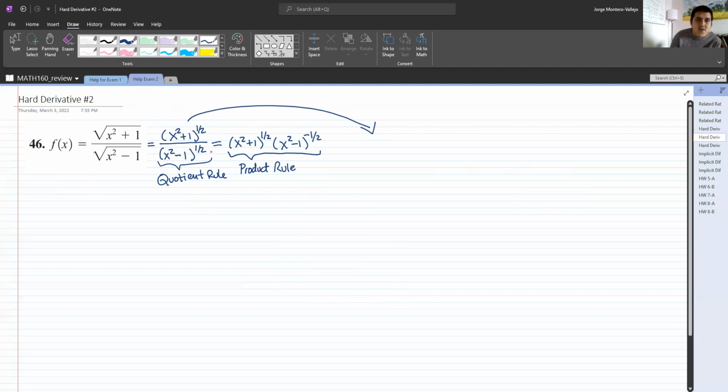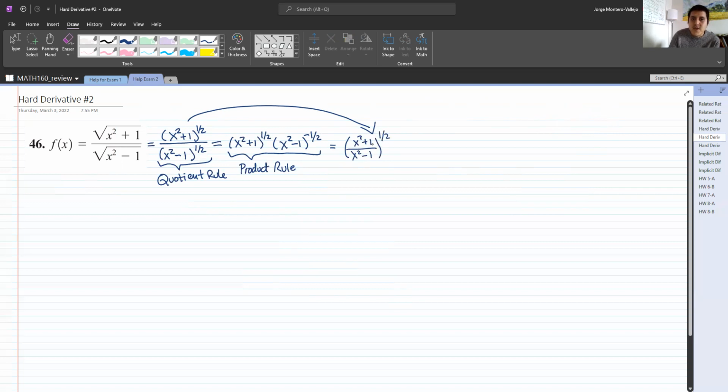When you have two things being raised to the same power, in the case of a fraction, if you have A over B and each one of them is being raised to, let's say, 1/3, then you can write the whole thing raised to 1/3. We can do something like that in here, so it's all equal: x squared plus 1 divided by x squared minus 1, raised to 1/2.